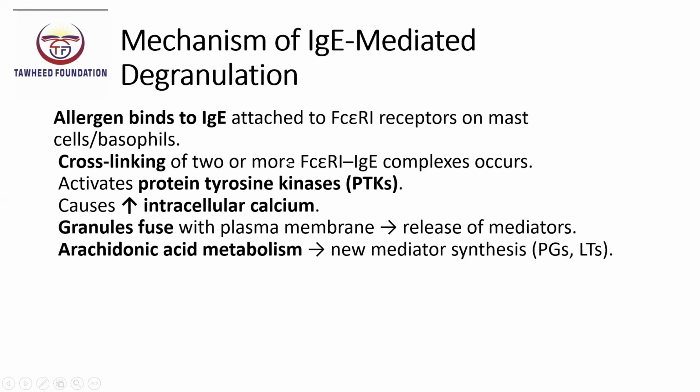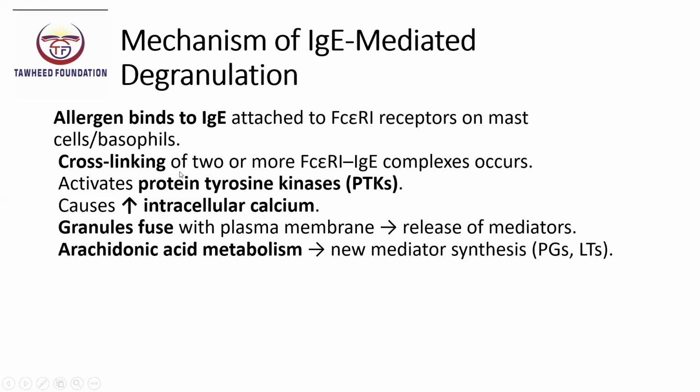Next is mechanism of IgE mediated degranulation. The core mechanism begins when an allergen binds to an IgE molecule attached to Fc receptors on mast cells or basophils. However, binding of a single IgE molecule is not enough.